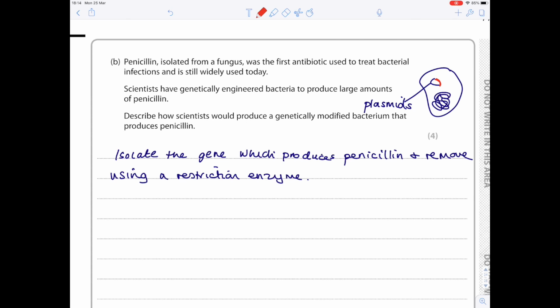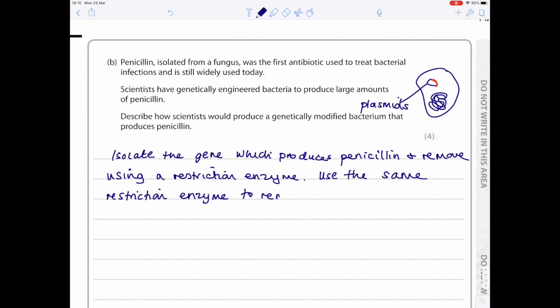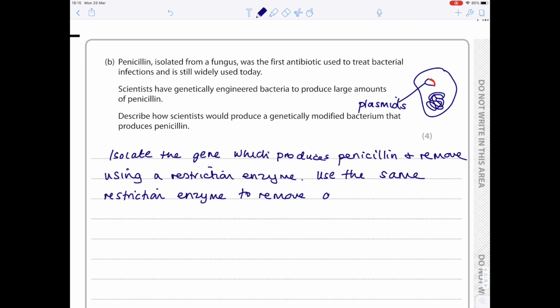So that's the summary, and we've already started writing the full answer. So use the same restriction enzyme to remove a plasmid from the bacterial cell.